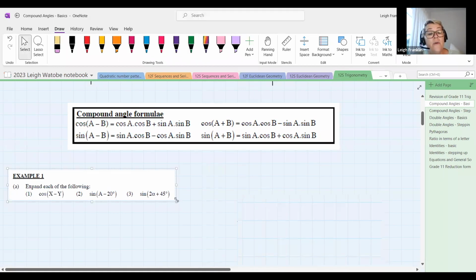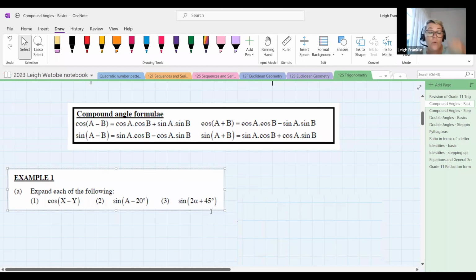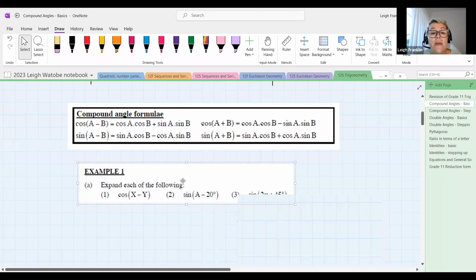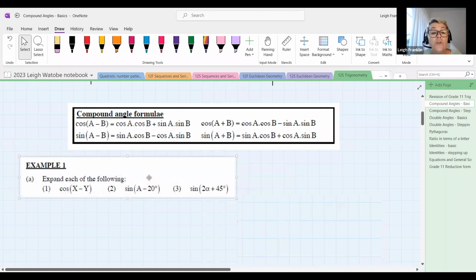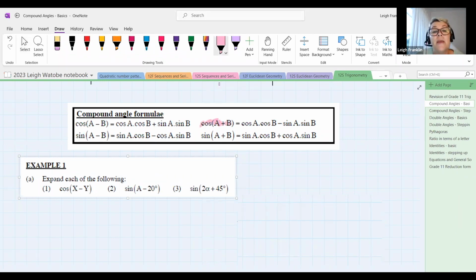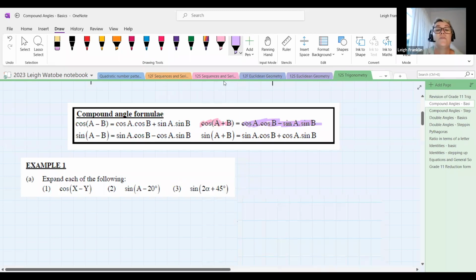At the very beginning of this section, we need to become competent in how we would expand these. When we are doing the expansion, we are going from the left-hand side to the right-hand side. So if I expand cos(A + B), I'm going to end up with what I've got on the right-hand side: cos A cos B minus sin A sin B. When I go back the other way, I refer to that as the reversal of the expansion.